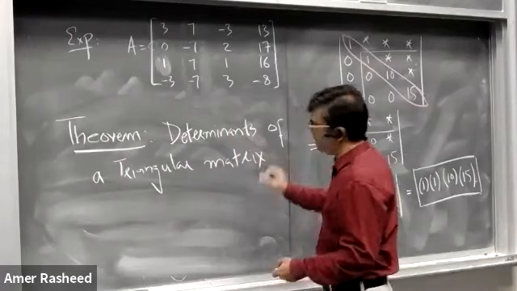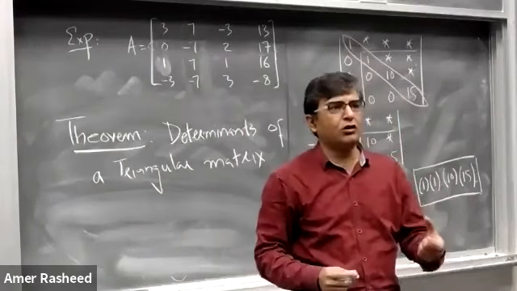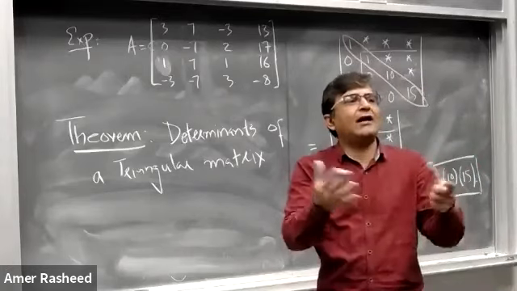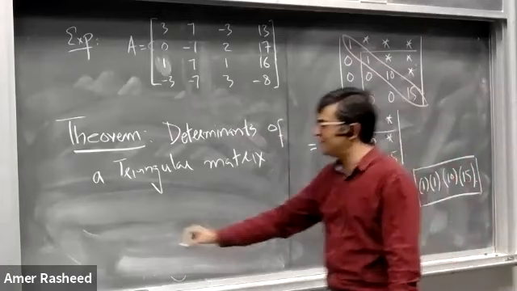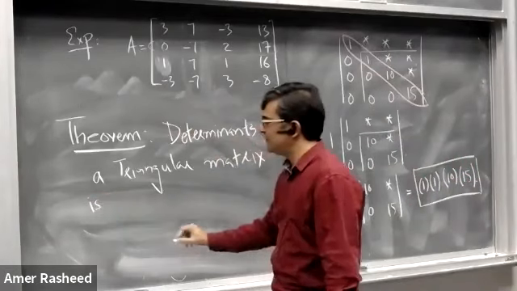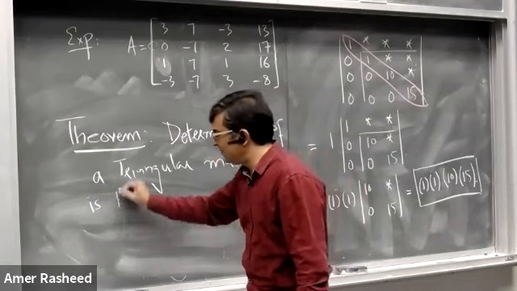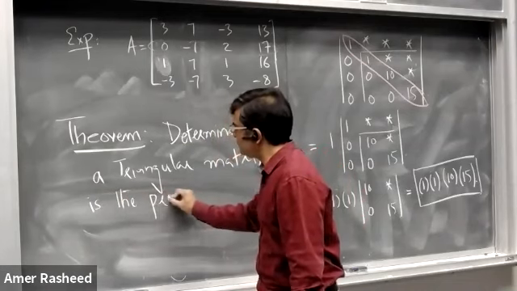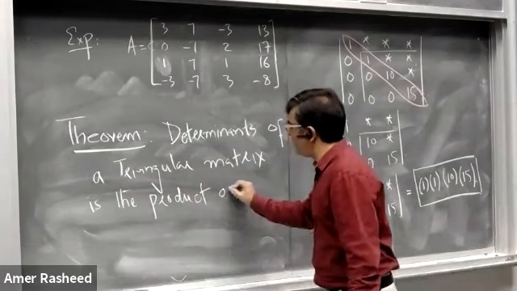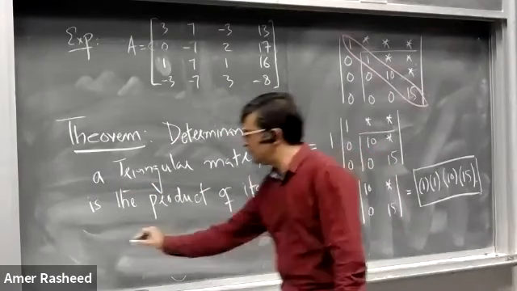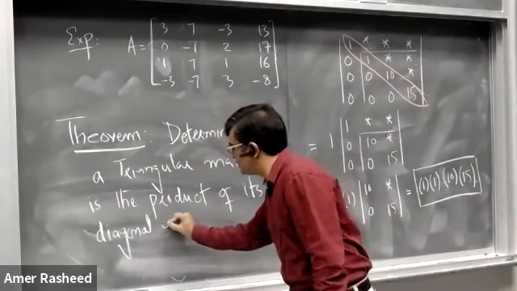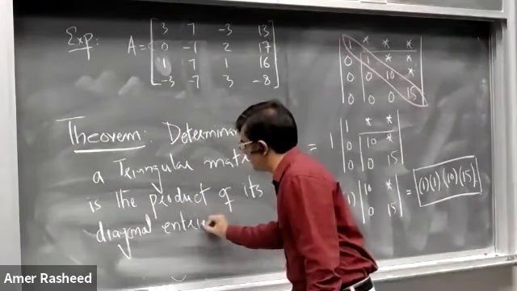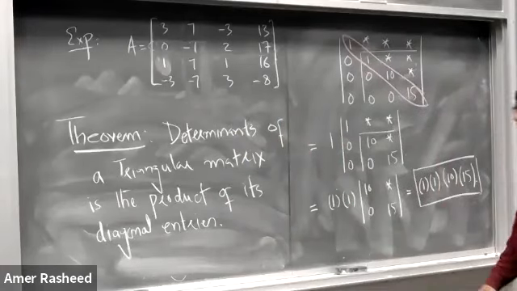A triangular matrix is either upper triangular or lower triangular, or say a scalar matrix or a diagonal matrix. The determinant of a triangular matrix is the product of its diagonal entries. So this is a very important theorem.